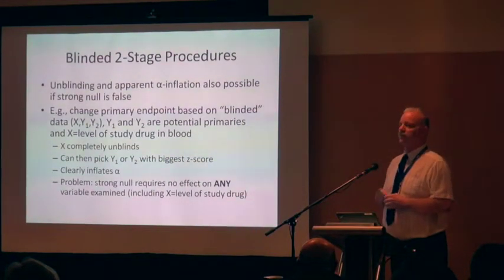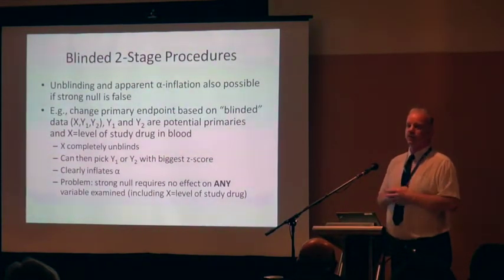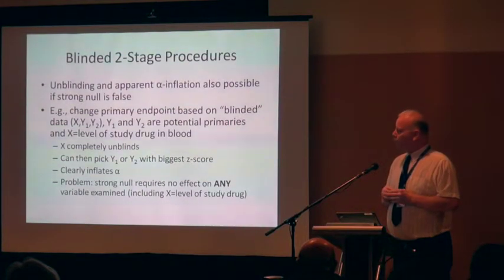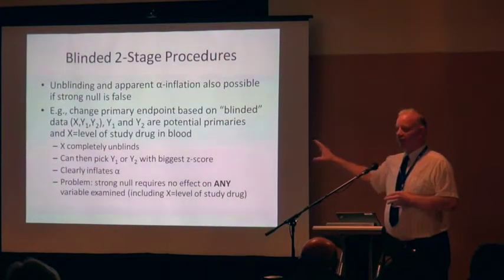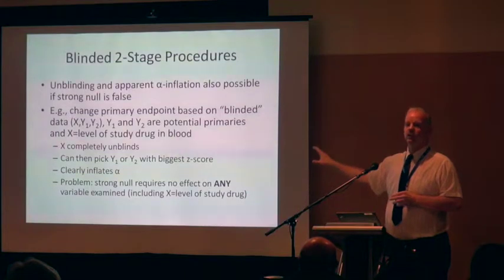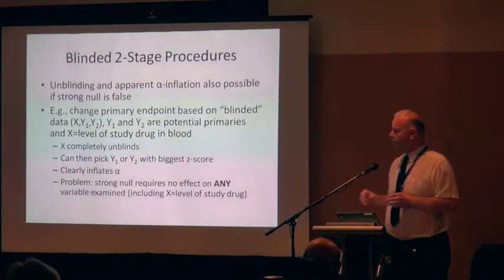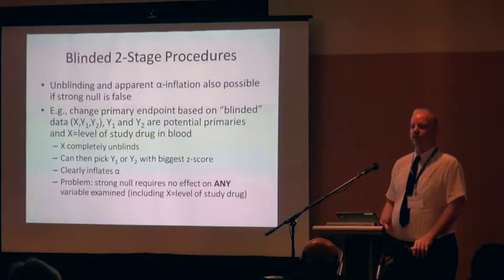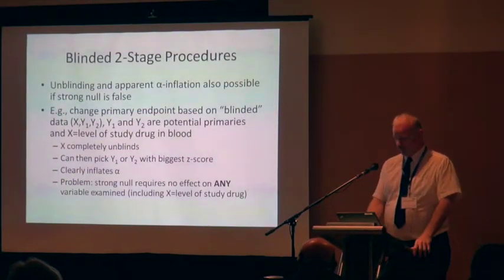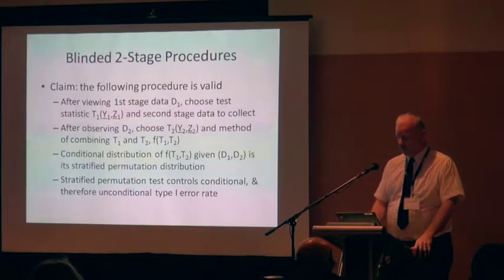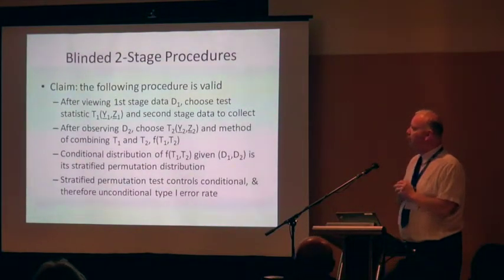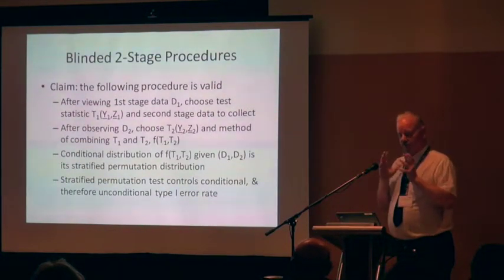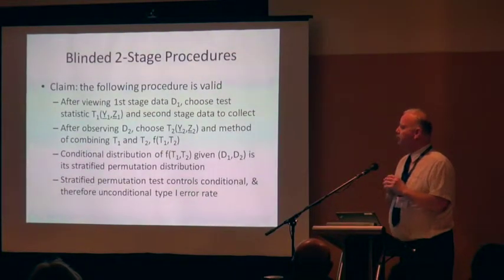You know that treatment is going to have an effect on the amount of study drug in your blood. So really, in a sense, nothing went wrong. It's just that you're only allowed to make a meaningless conclusion, and that's what you deserve for looking at a variable that completely unblinds you. So there's actually no error in thinking on that. You just have to keep in mind what you are allowed to claim.